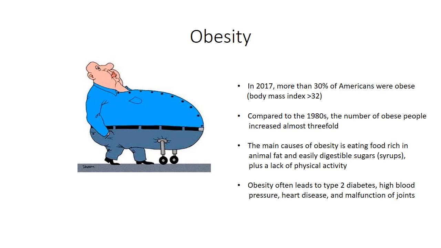And what is the cause of obesity? Overeating and a sedentary lifestyle, especially eating food rich in animal fat and easily digestible sugars like syrups. People don't appreciate how dangerous these syrups can be. We know that if you eat a lot of bacon and butter and lard, etc., you are at risk of becoming overweight and obese. But, you know, some people love honey, right? Honey that you buy in stores in the United States is very often falsified.